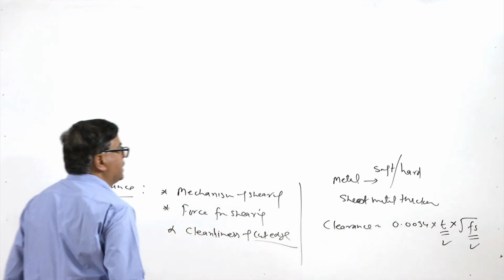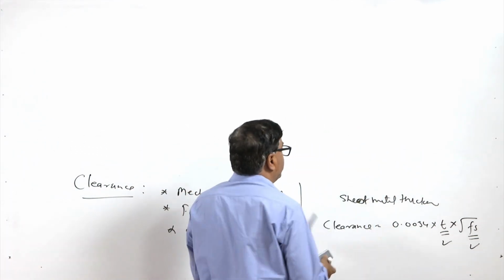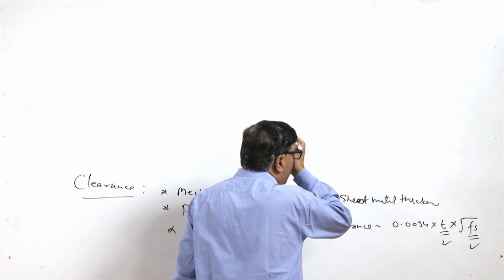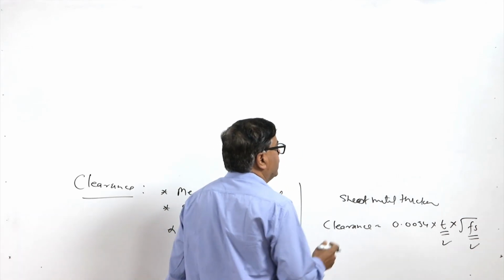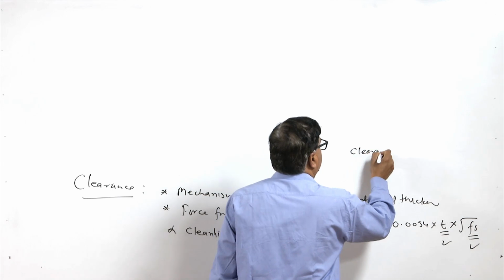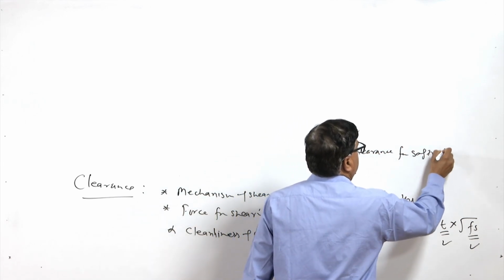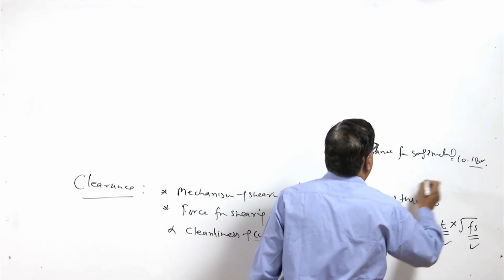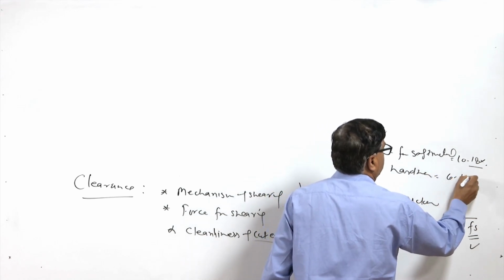If we go by the thumb rule, then for soft metals and for hard metals different clearances are used, and it is also expressed as a percentage of the sheet metal thickness. So, clearance for soft metals is more, that is like say 10 to 18%, and for hard metals it is like 6 to 10%.